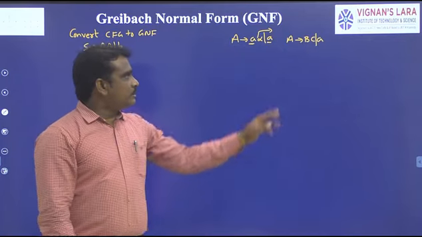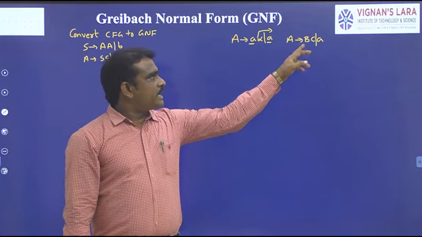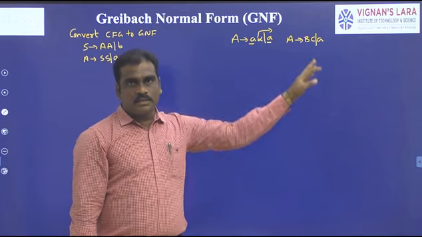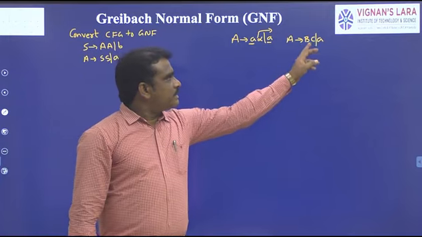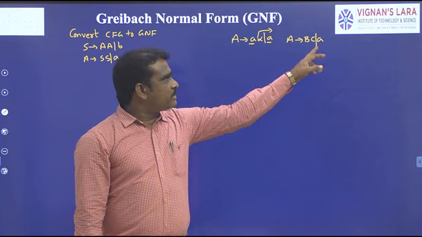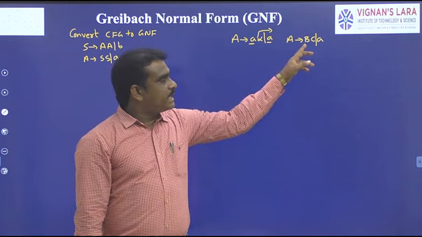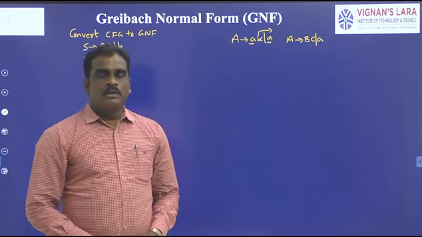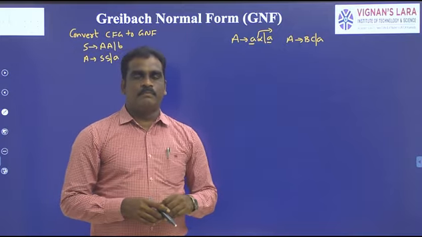That means the left hand side is a single non-terminal symbol, and in CNF we are concentrating on the string length. The right hand side string length is either 1 or 2. If the string length is 1 there should be a terminal symbol. If the string length is 2 there should be 2 consecutive non-terminal symbols. So in step 2 we have converted into CNF form.